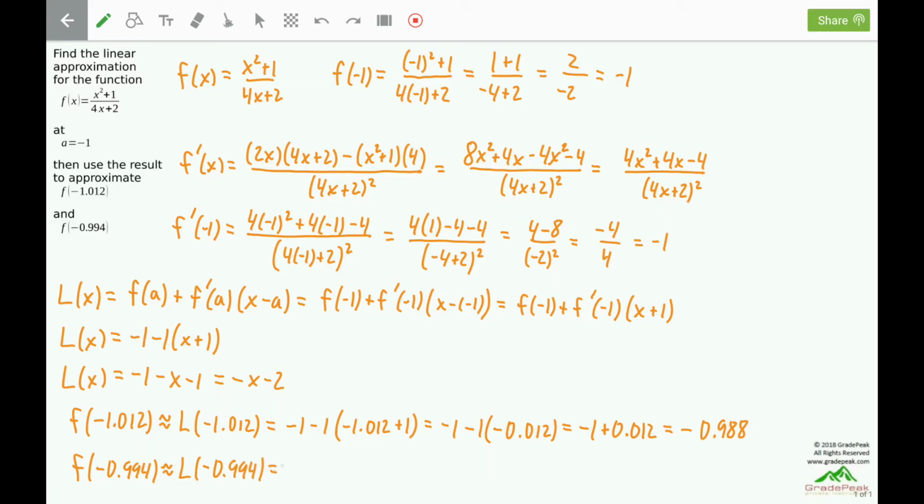Using the same form above, we'll give negative 1 minus 1 times (negative 0.994 plus 1), which is positive 0.006. So we have minus 1 and then minus 1 times that, which will give minus 0.006. And minus 1 minus 0.006 comes out to negative 1.006.